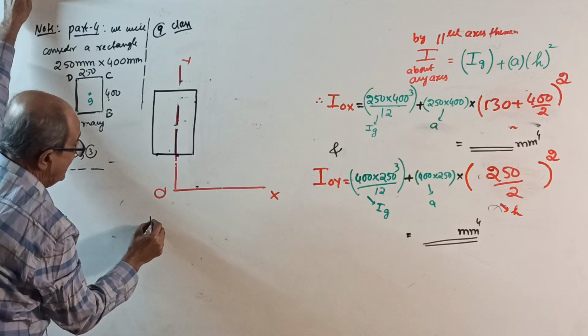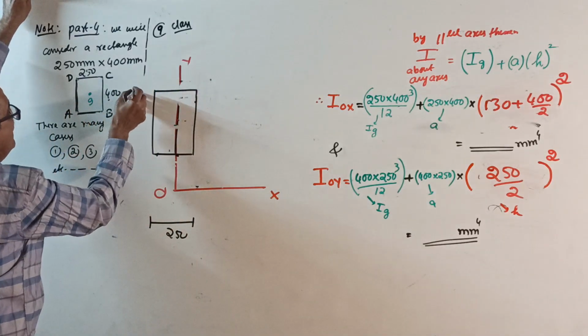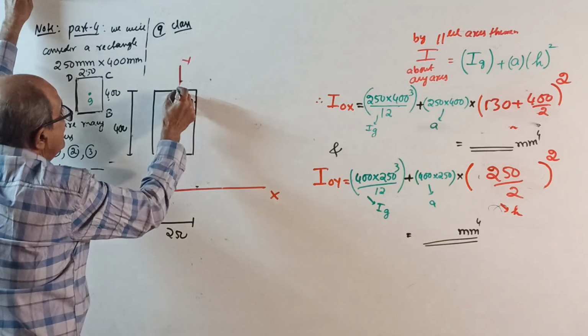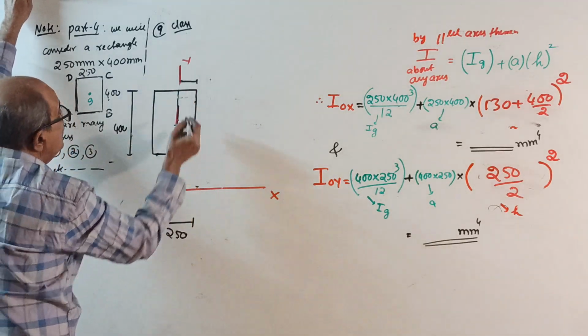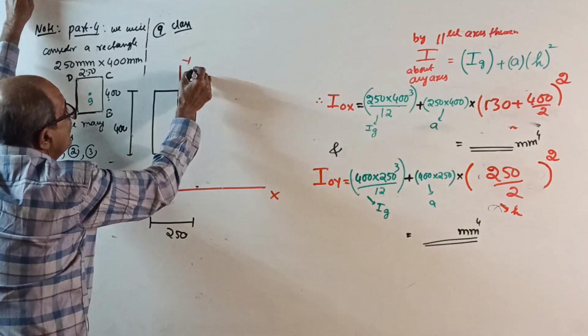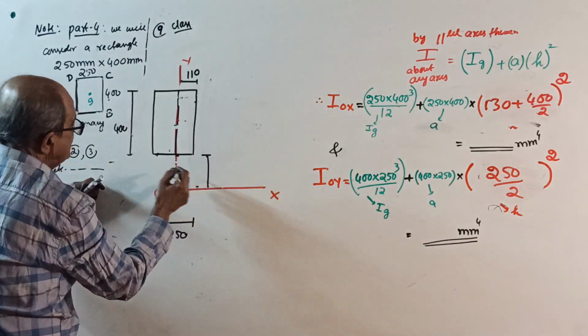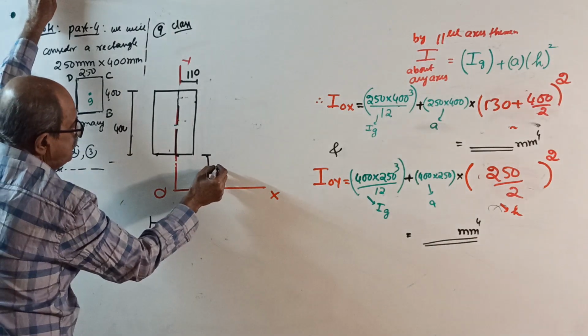I'll put somewhere here a rectangle, dimension 250, where space is there. Overall dimension 400. Okay. 250 is there. 110, this is shifted now. 110 is anything, randomly 180.